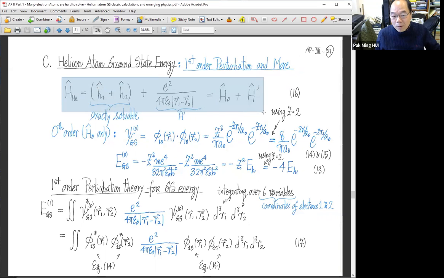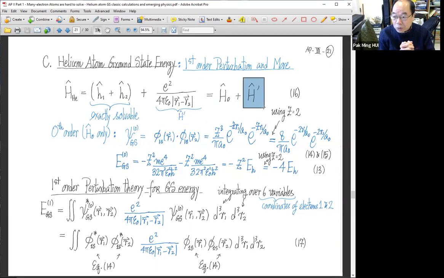Now in the form to prepare for doing perturbation. The first four terms we just discussed are the exactly solvable part H0. Then this term is the term that we are going to do perturbation upon. For completeness, I copy again the ground state wave function for this H0 part.